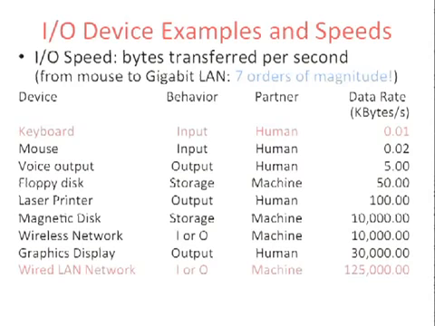There's basically 7 orders of magnitude here, from a keyboard, which is about 0.01 kilobytes a second, to a gigabit switch, which is 125,000 kilobytes per second. That's a huge disparity. Remember, what we're trying to do is get this stuff to talk to our processor, which is running at gigahertz, and then we've got all this stuff running at very, very different speeds. Seven orders of magnitude is a lot.